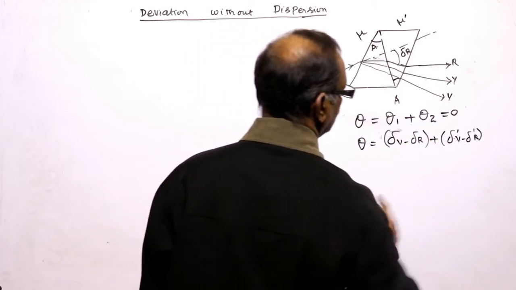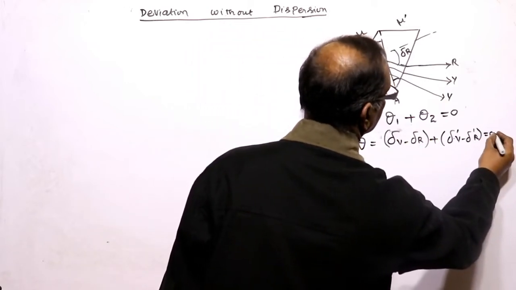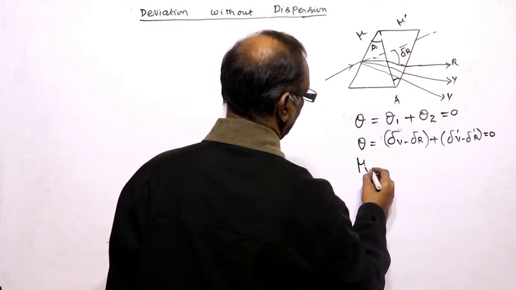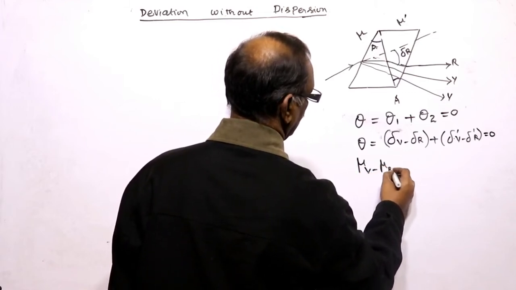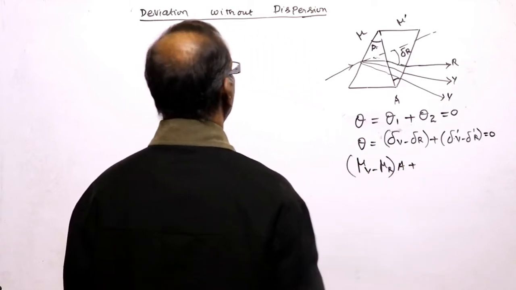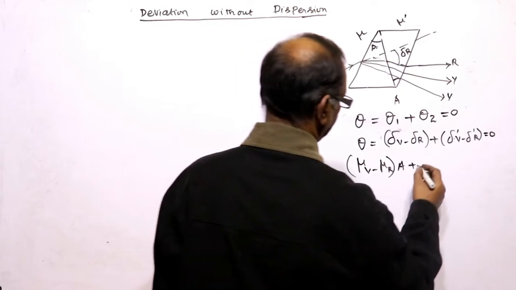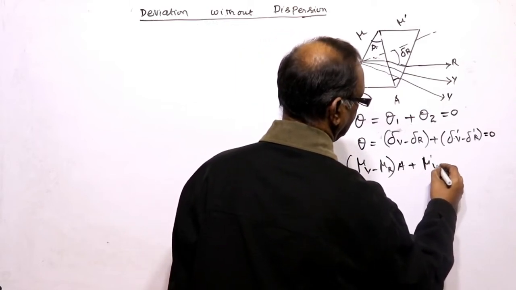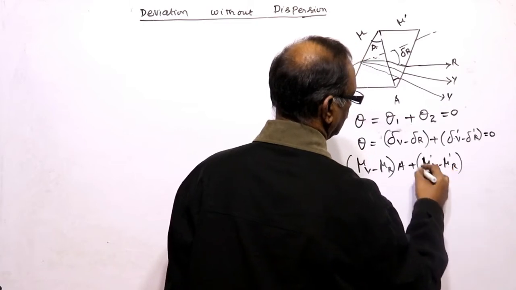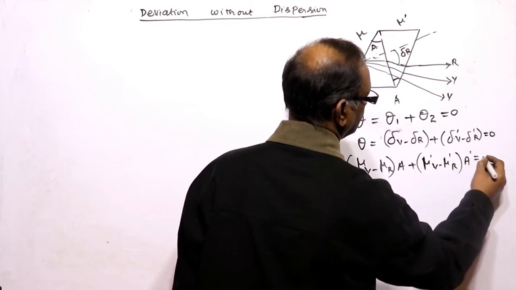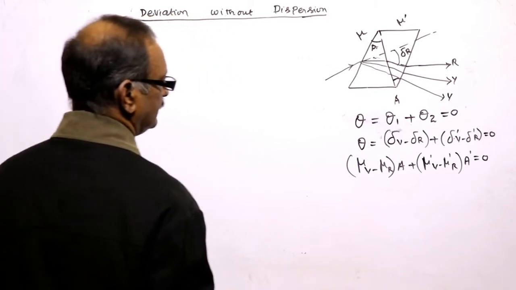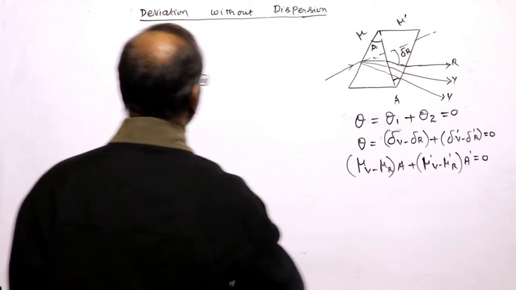This is equal to 0. This is equal to mu V minus mu R into A for the first one plus mu dash V minus mu dash R into A dash for the second one. In that case, we can calculate A dash. What is A dash?